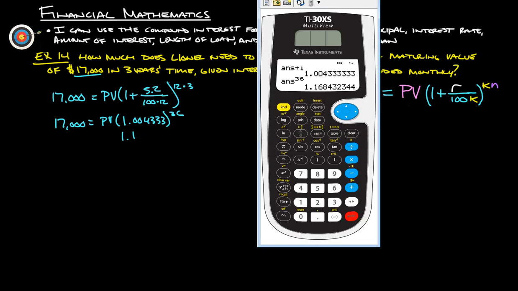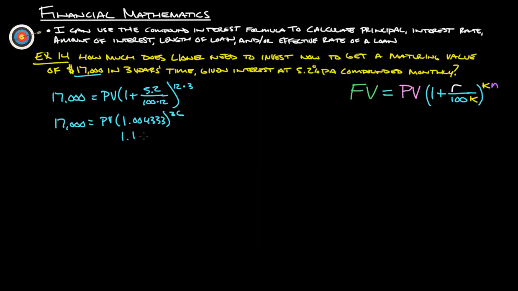That's the present value times 1.16843 equals 17,000. To figure out the present value, we just need to get rid of this 1.16843, so divide 17,000 by 1.16843.